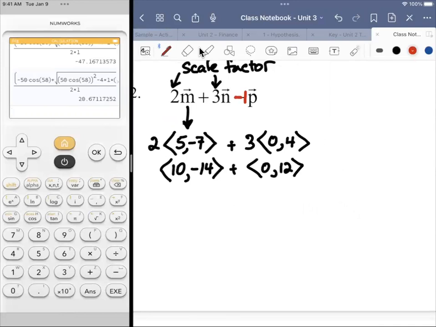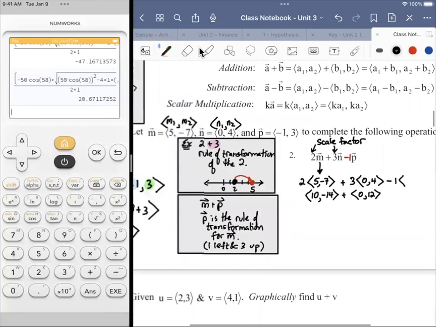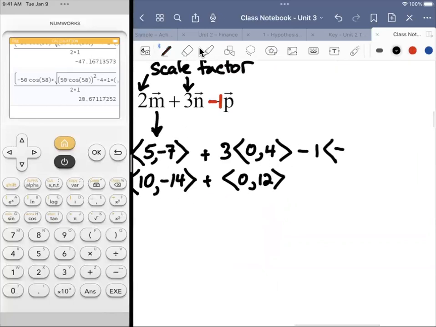A negative scale factor or negative coefficient leads to a reflection, right? So, and I'll show you real quick. I have a -1, so -1 times vector p, -1, 3. When I distribute it through, I'm really taking this whole -1 and bringing it in.